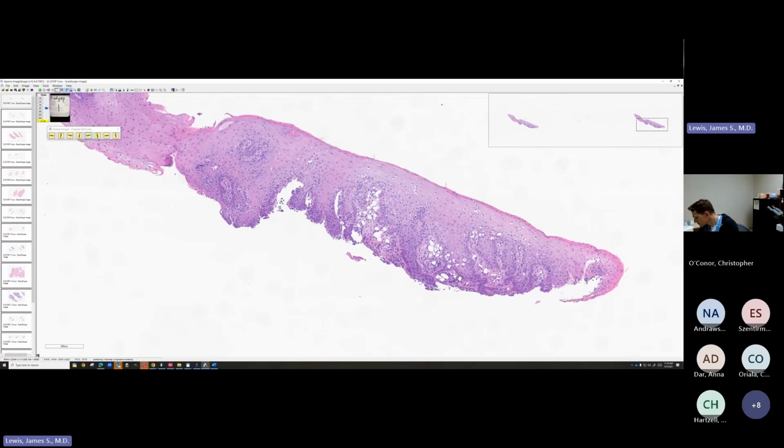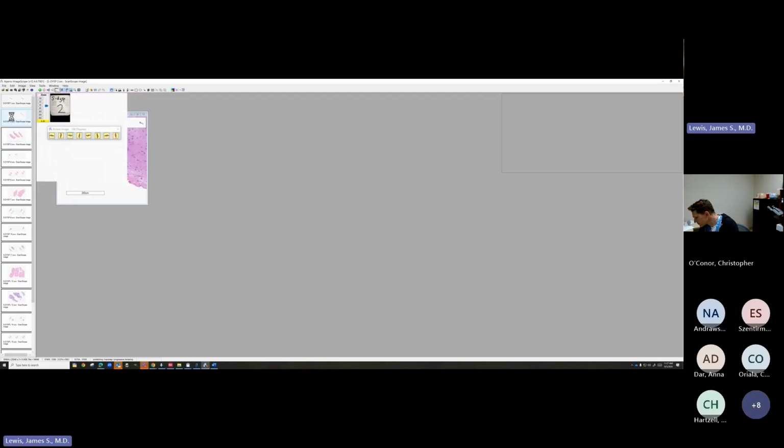So reactive, yeah, but you really want to flag things that are dysplastic as dysplastic, or at least atypical and suspicious, or can't rule it out. You really want to keep that in play rather than overcall something as reactive. Okay, all right, let's do this one and then we'll move on.